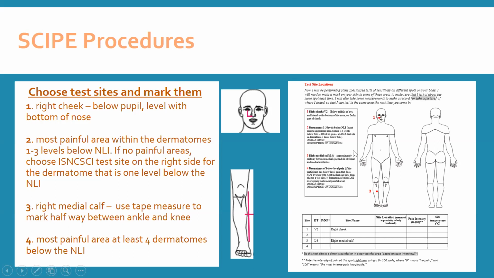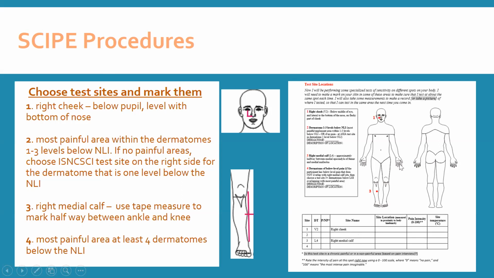So you want to write a description that will help you get back to that site the next time the person comes in for a visit where we're doing the bedside testing. So you can record the dermatome where each of the sites are, and you can write a name so you can remember what the site is.